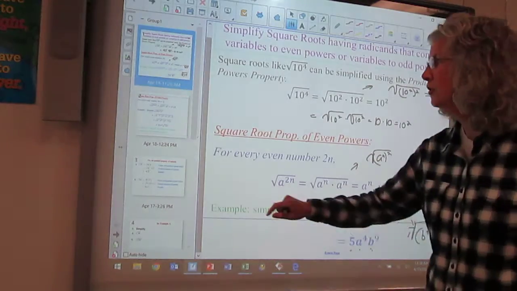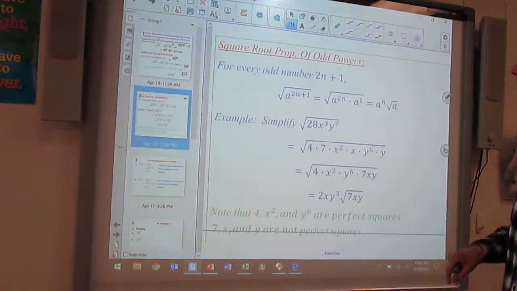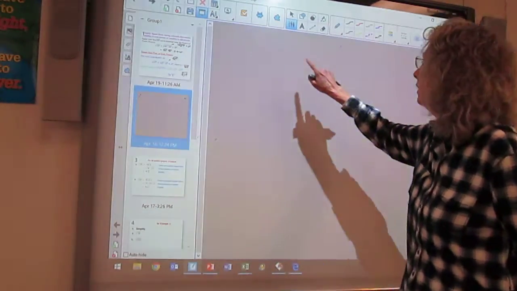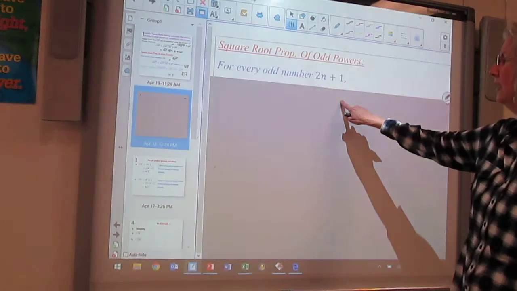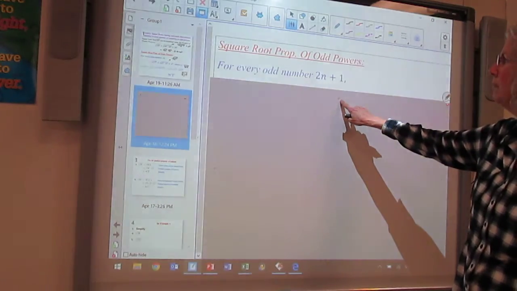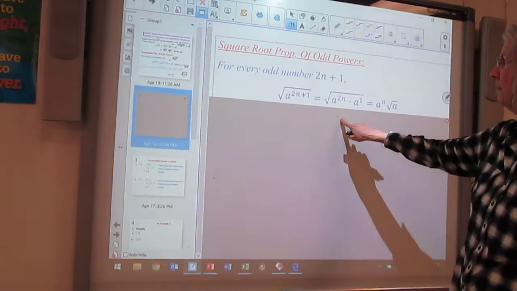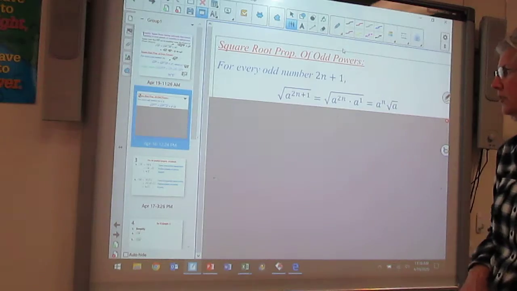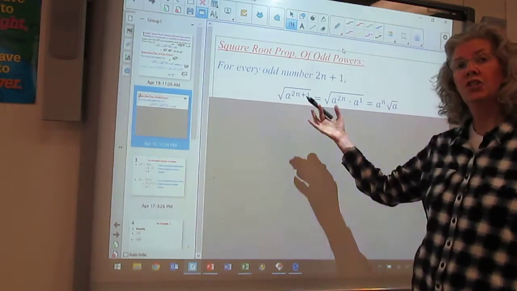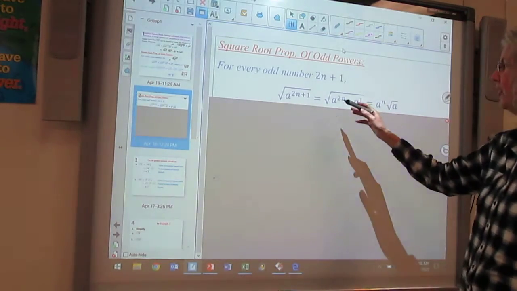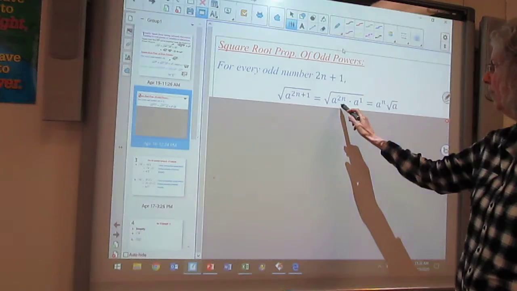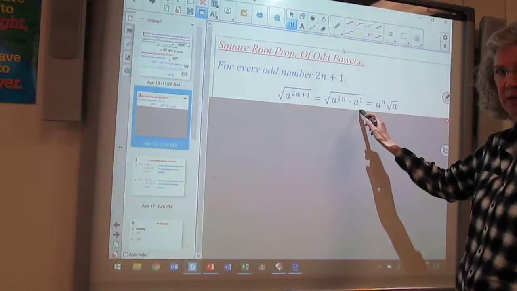Okay, let's move on to odd powers. Odd powers are a little bit different. Our odd power is going to be represented in the formula by 2n plus 1. So the square root of a to the 2n plus 1, which is odd, needs to be thought of as an even power times a power of 1.